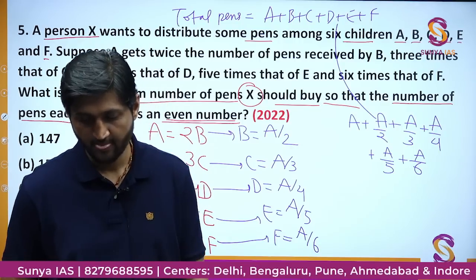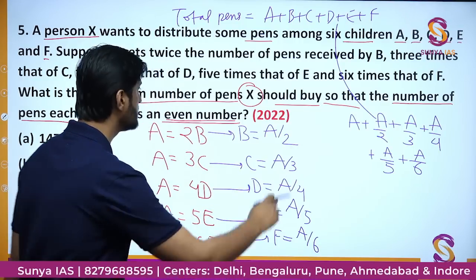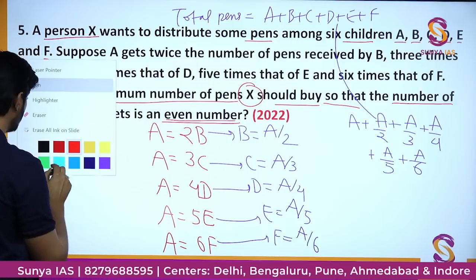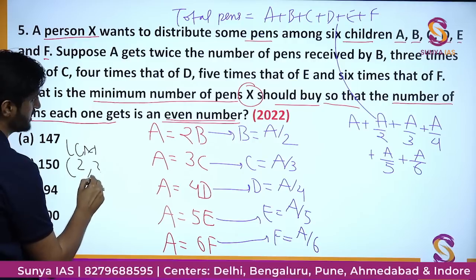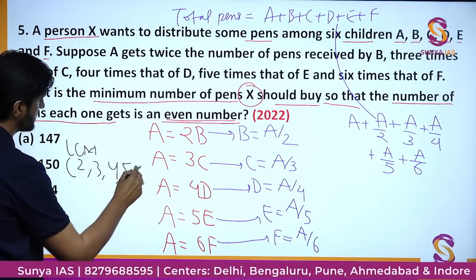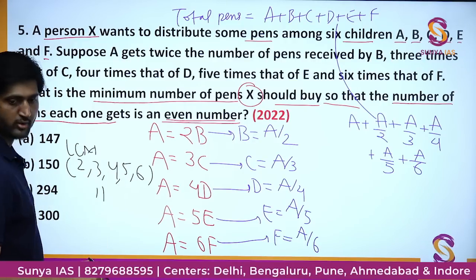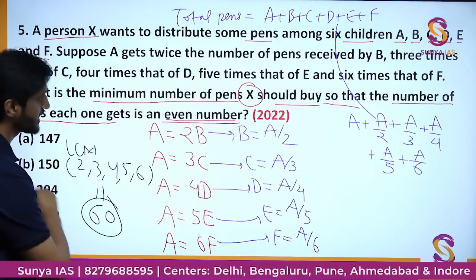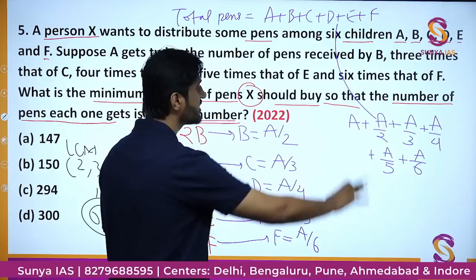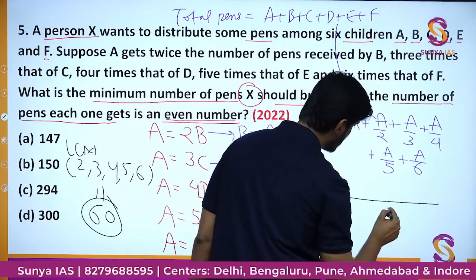And so here, what is going to be the LCM of these 5 numbers? We are interested in finding the LCM of 2, 3, 4, 5 and 6. I know that you can calculate that very easily, and that LCM comes out to be 60. So here we will take a common denominator of 60.